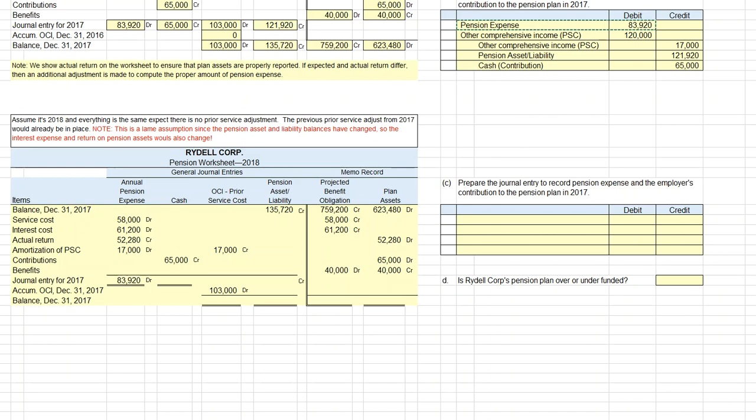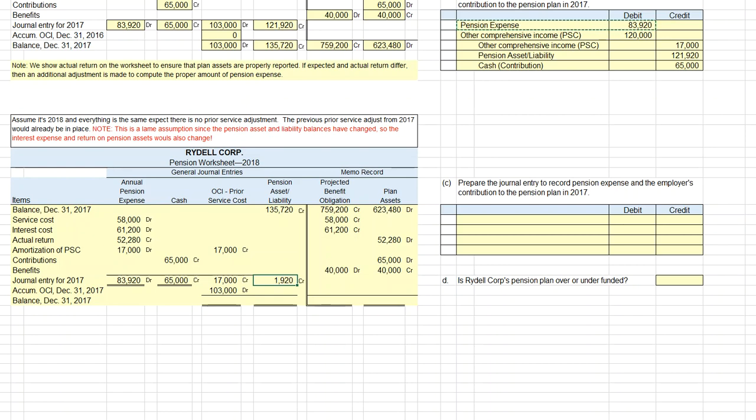Our total pension expense is again $83,920. We've made cash contributions again of $65,000. Our other amortization of prior period service costs, $17,000.